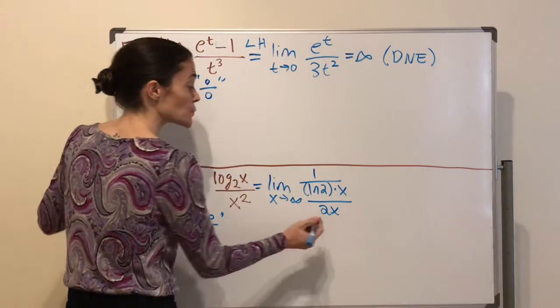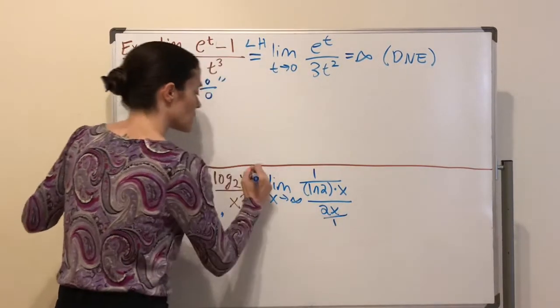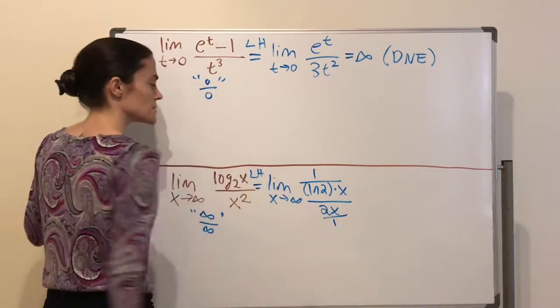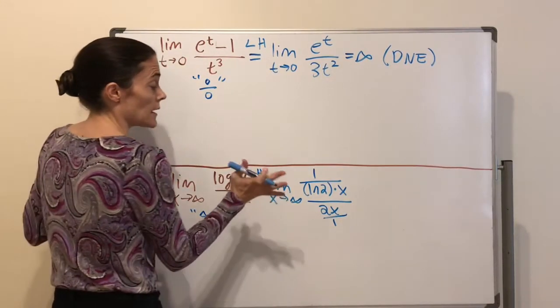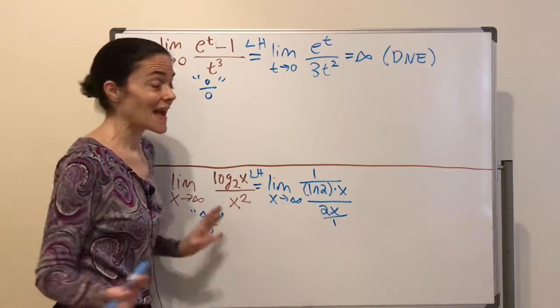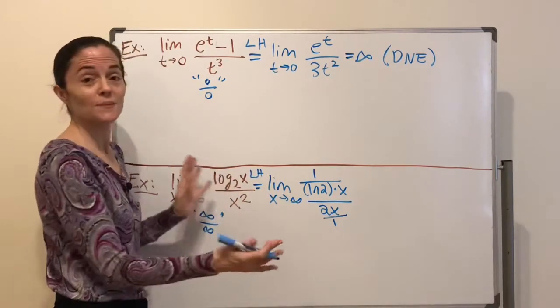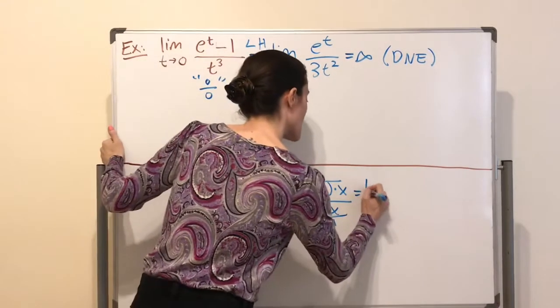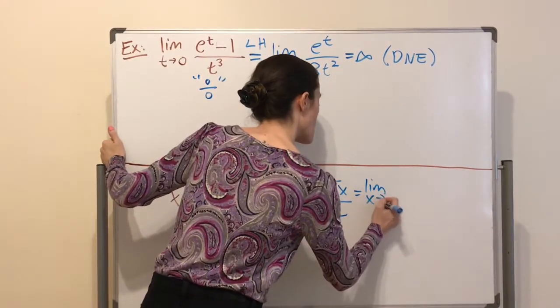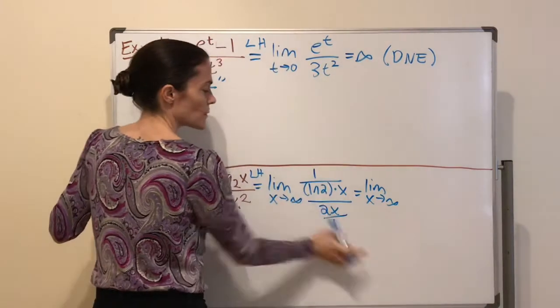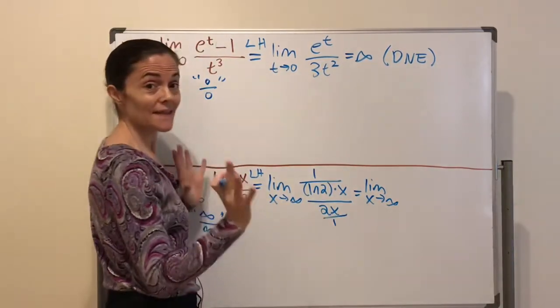Now, this is really fraction over fraction. Here is where I use L'Hopital. I don't need to use L'Hopital again. I can just invert and multiply, and I will get a sense of what this is. If you invert and multiply, the 2x is really in the denominator.